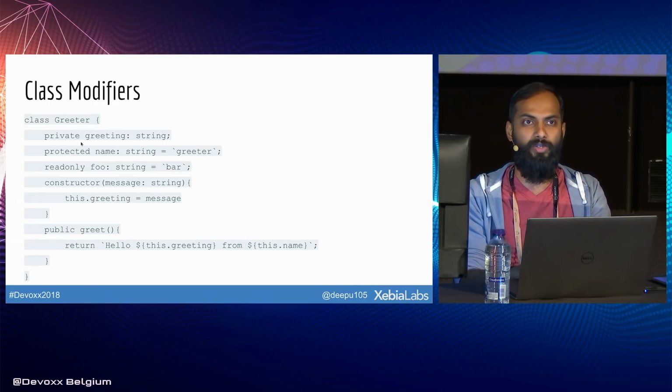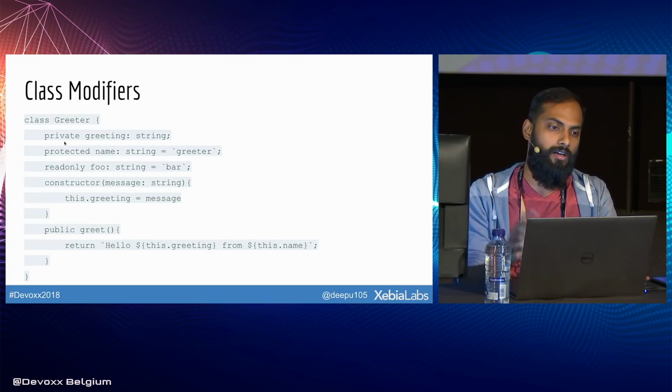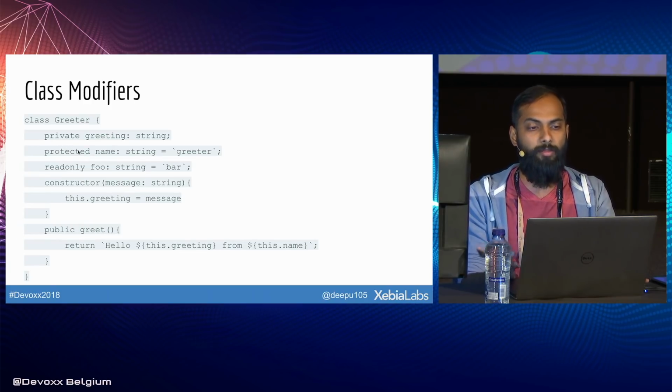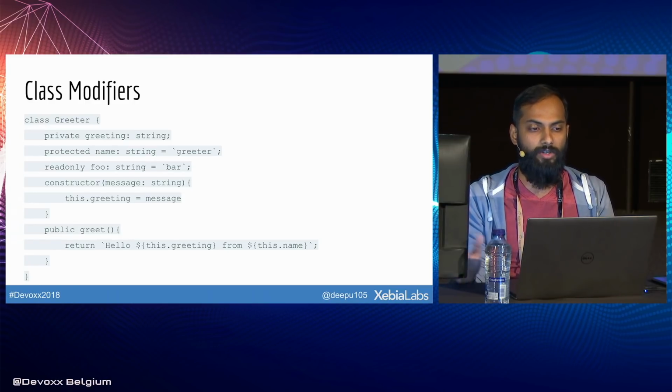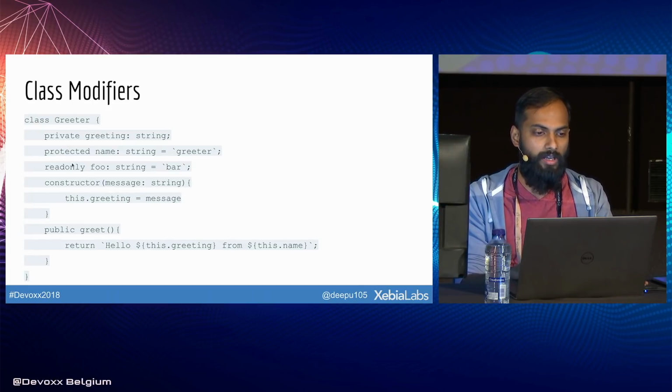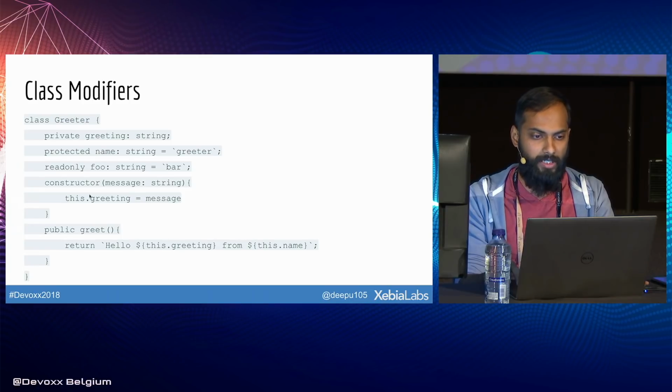If you're coming from Java, you're quite used to this syntax, and it's quite nice actually. So you get the same private, protected, and public, which have the same meaning as in Java. So private is private to the class. Your inherited classes will not see it, and protected will also be seen by your inherited classes, whereas public is open for everyone. Then you can also have read-only properties, which is the same as what we saw in the interface. So these are the class modifiers available in TypeScript.